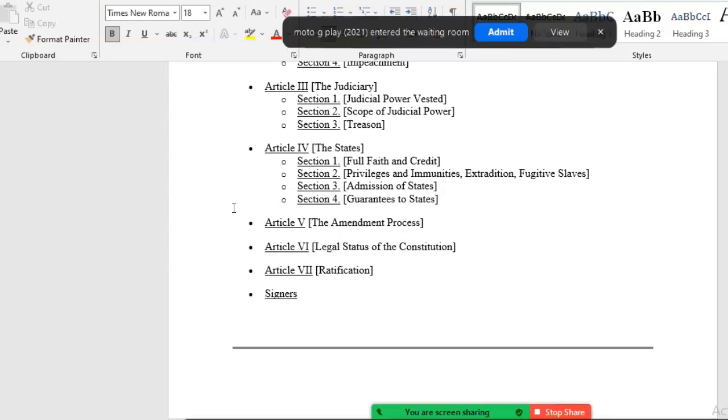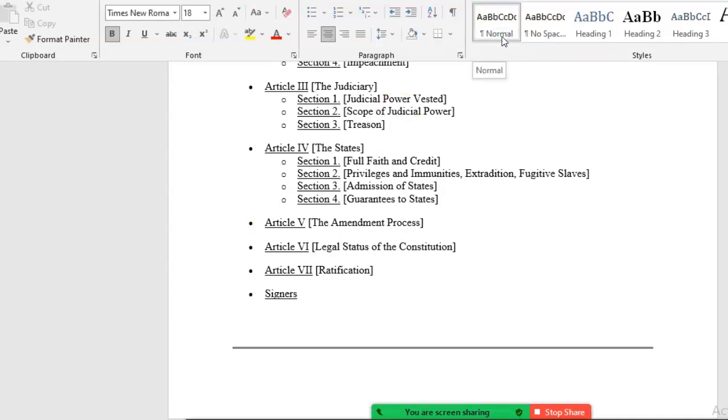Section 2, privileges and immunities, extradition, fugitive slaves. Section 3 is admission of states. Section 4 is guarantees to states. Article 5 is the amendment process. Article 6 is the legal status of the Constitution. Article 7 is on ratification. And then we have the signers.